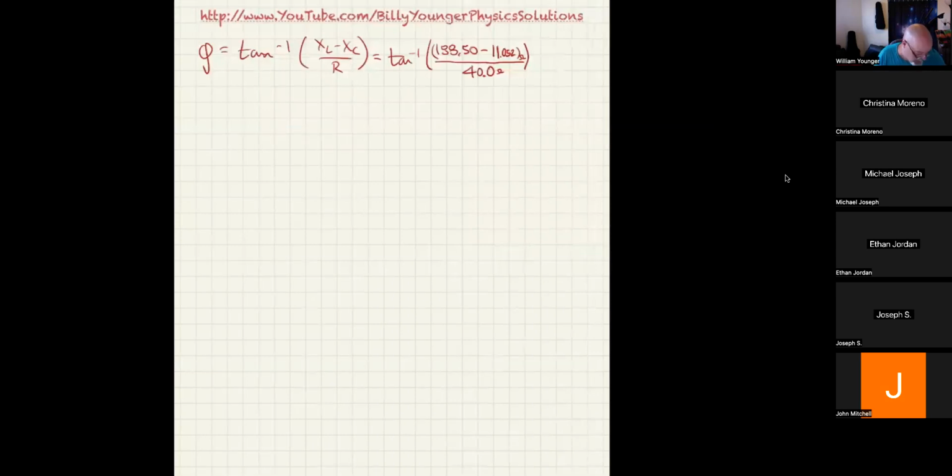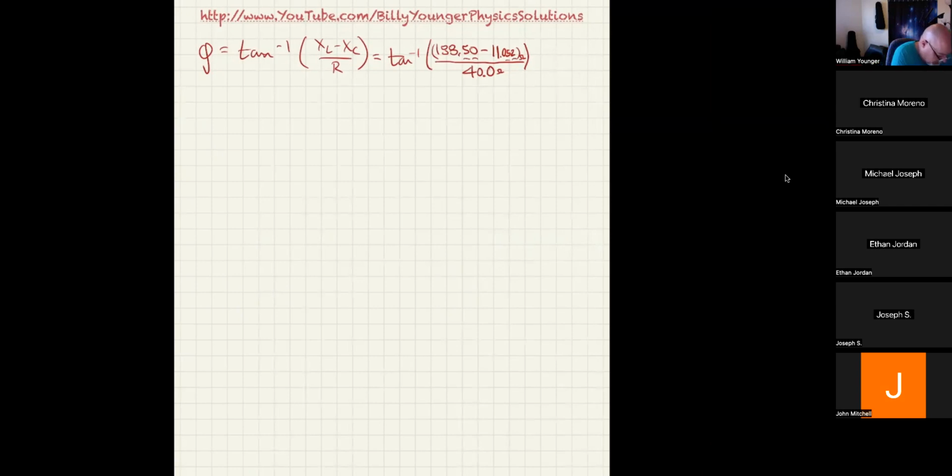So I'm going to say 188.5 minus 11.052 gives me 177.448, but that should really only be to the ones place. So that's okay. We do get 3 sig figs. Now I'm going to divide that by 40. That should give us 3 sig figs.